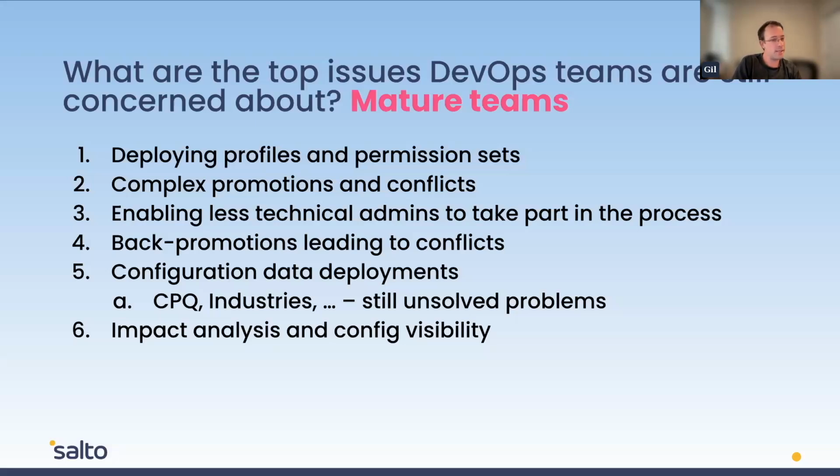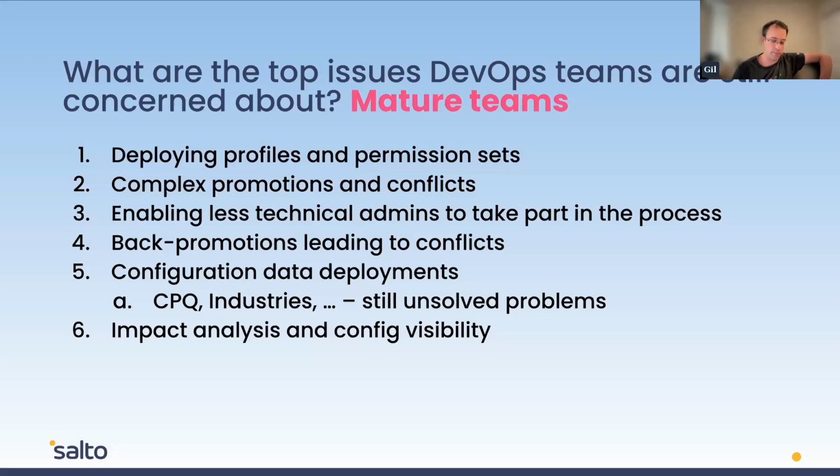And the last challenge that I saw with mature teams, which actually caught me by surprise, is impact analysis, meaning the ability to actually understand what's going to be the impact of a change that you're planning to do, as well as visibility into the configuration. So understanding what is it that you already have implemented is still a challenge.